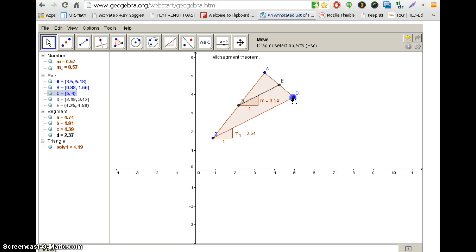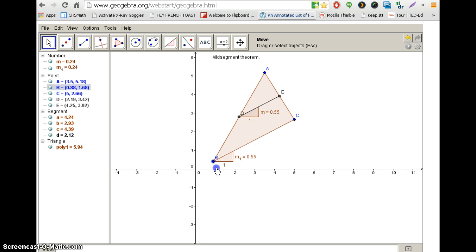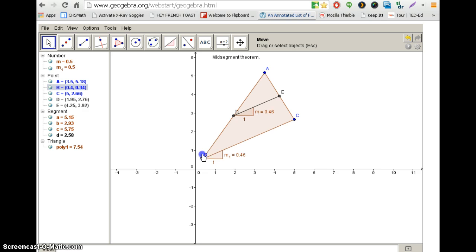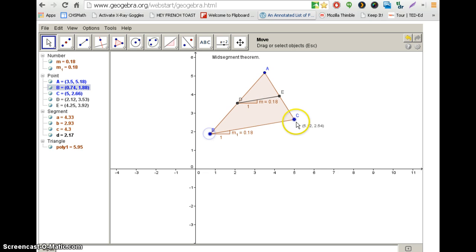It appears to be that no matter how I change C, I'm going to have identical slopes here. Same thing with B. Same slopes. So this is something mathematicians figured out. Hey man, the mid-segment is parallel to the base of that triangle, right? I mean, if I consider this the base, it's the segment opposite the mid-segment, but it's parallel to it.